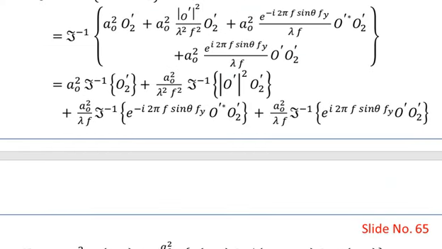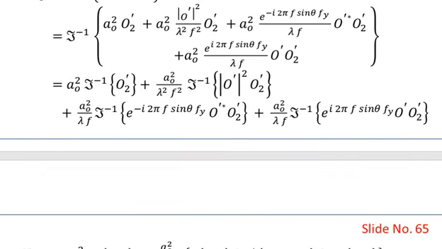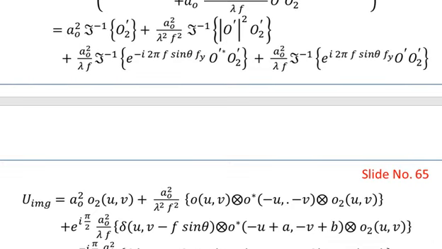So the absolute square of O has been represented by O as a function of u, convolved with O conjugate as a function of minus u comma minus v, and then the convolution with this term, that is O2 prime within the curly bracket in the second term, has been represented by a spectrum which is O2 as a function of u comma v. And you know that u comma v are the coordinates at the image plane. And similarly, we have written for the third term.